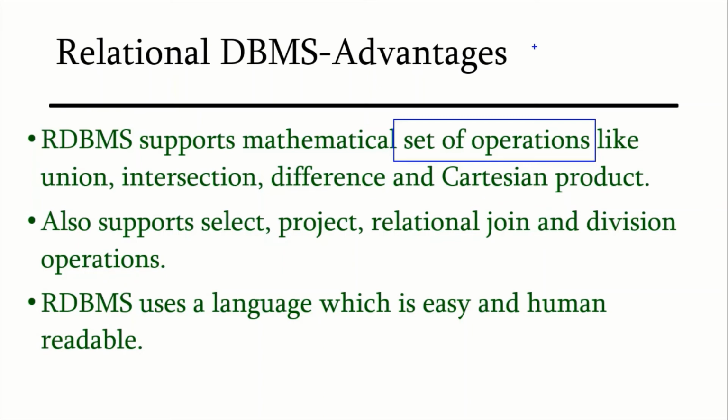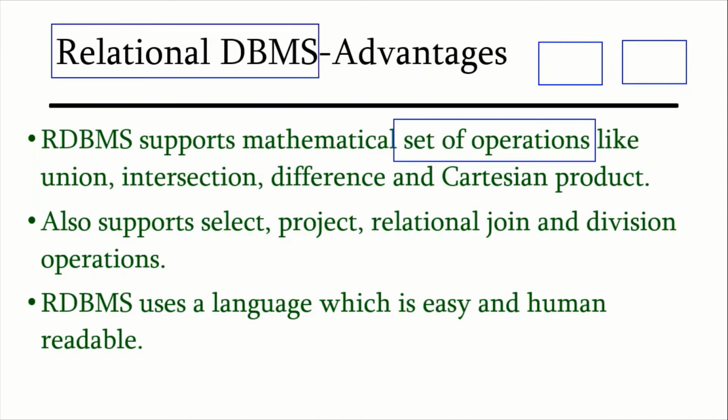Here we can have two different tables, and with these two tables we can work with union, intersection and difference, and these two tables contain different types of data. Then they also support selection, projection, and relational join and division operations. We'll see later. We will be discussing RDBMS in a very detailed manner.